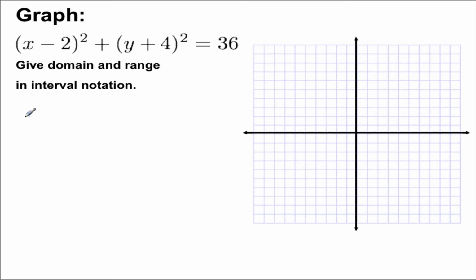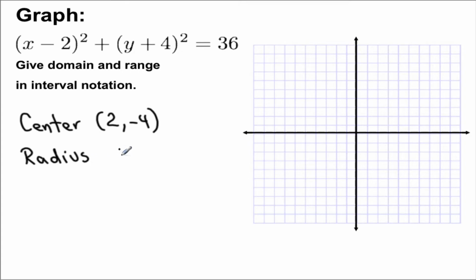This is the equation of a circle with the center at (2, -4) and the radius of 6. We start by plotting the center (2, -4).